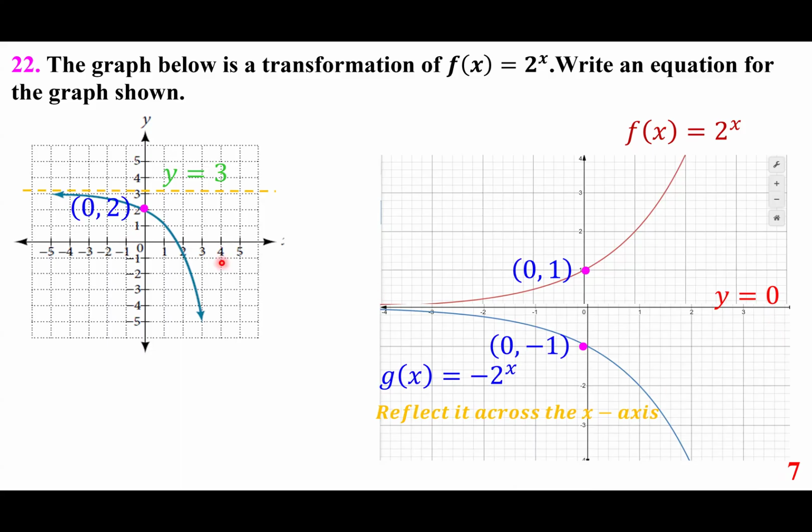So when we compare these two, it seems to me they're the same. This has just basically moved up. The horizontal asymptote becomes from y equals 0 to y equals 3. It has shifted up by 3 units.